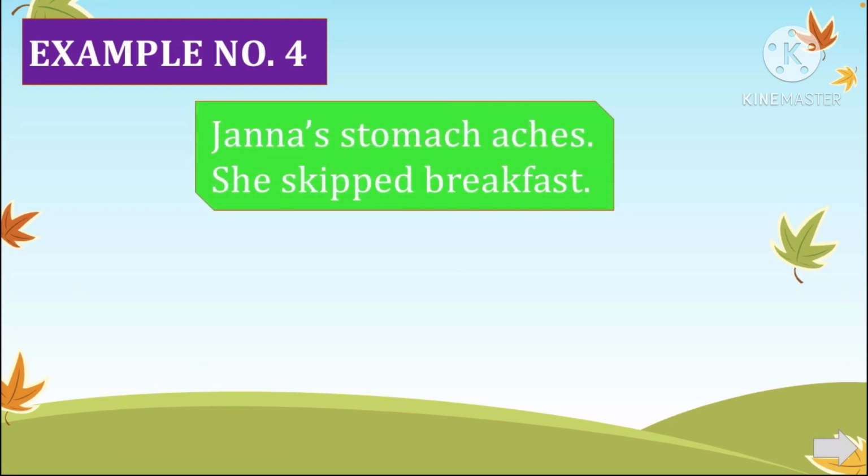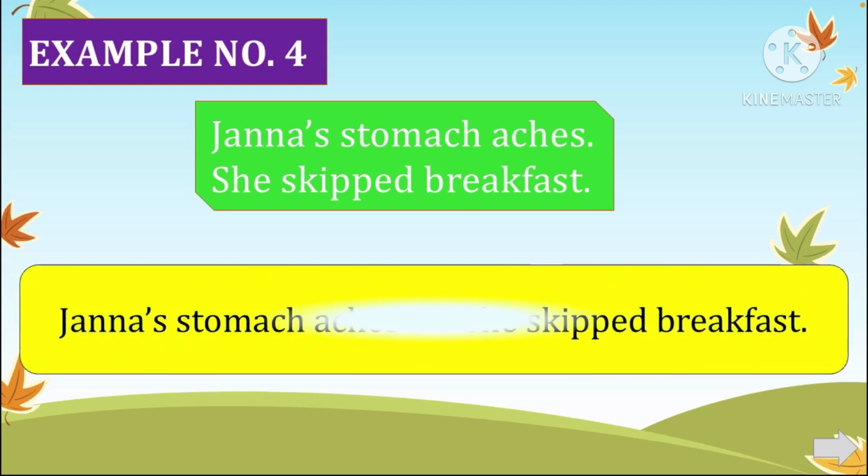On the next example, Jana's stomach aches. She skipped breakfast. When we combine them together, we form Jana's stomach aches for she skipped breakfast. These compound sentences show cause and effect relationship. Which simple sentence or independent clause shows the cause?